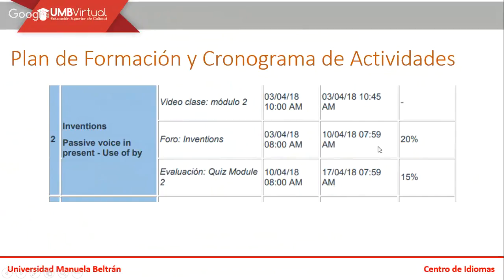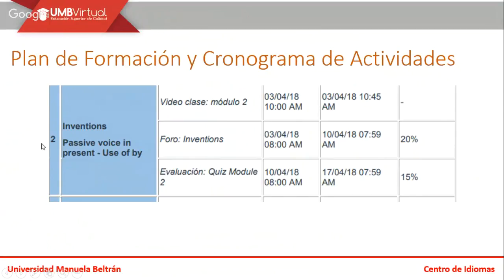Okay, remember the hours, like 7:59 a.m. or p.m. All right, and also you're going to present or take a quiz about this model. The days are going to be from April 10 until April 17th. According to those days, you're going to send or do the activities as required.